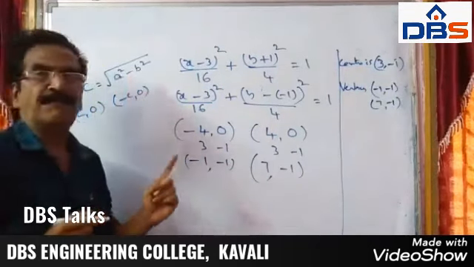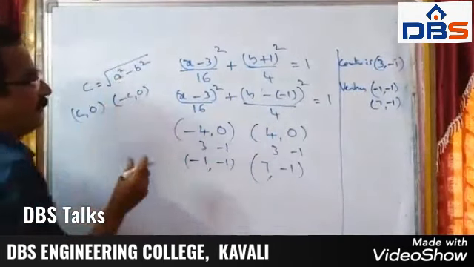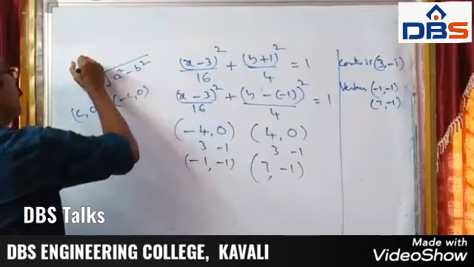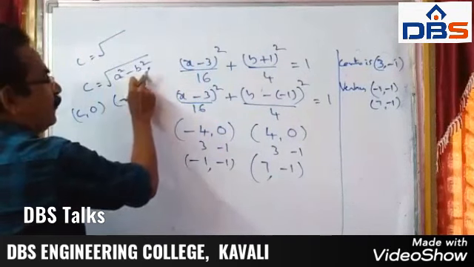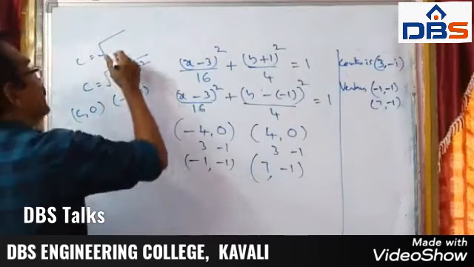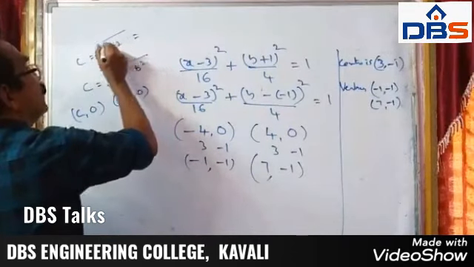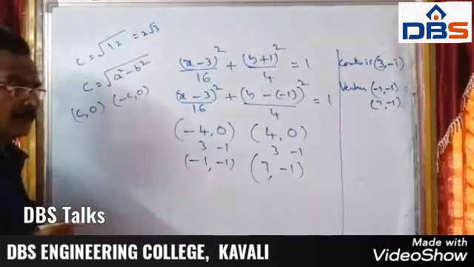Root of 16 minus 4, root of 12, 12 means 4 is taken out, 2 root 3. 2 root 3 is c.